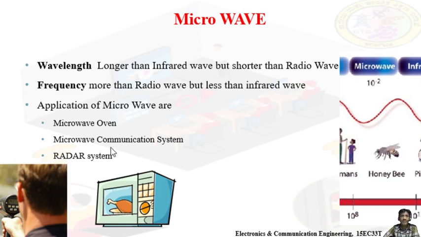The microwave oven is the machine you use daily. The radar system is used to find the range, the velocity, and also the location of an object.